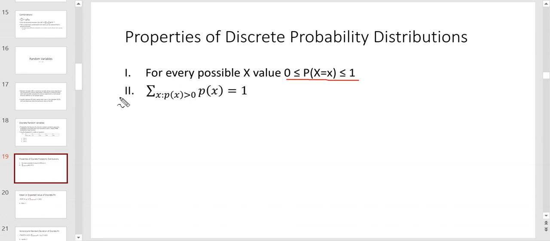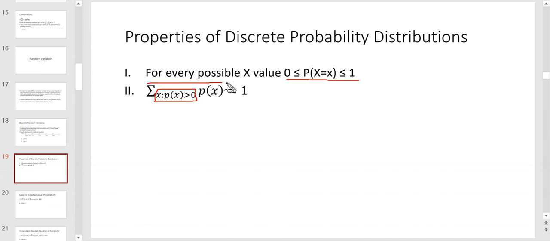The other property is that the sum of all x's such that the probability of x is greater than 0, which just means for all x's where there is an actual possibility of occurrence, all possible x values is another way to think of it, the sum of the probabilities is equal to 1.